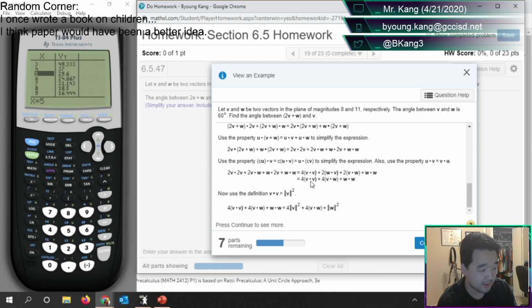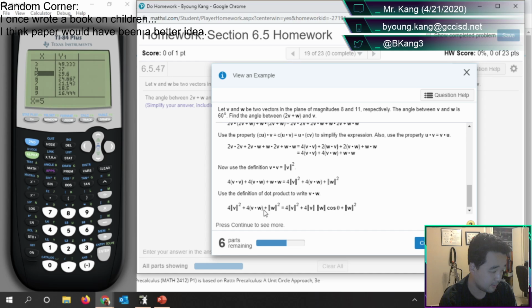Okay, so for the v dot v, you can just do magnitude of v squared. I know the magnitude of v, it's 8, right? For the w dot w, you can just do magnitude of w squared, which I know is 11 from earlier. So the only question is the v dot w in the middle. Use the formula to replace it. And guess what? We already did that earlier.